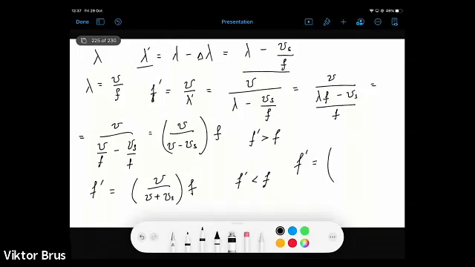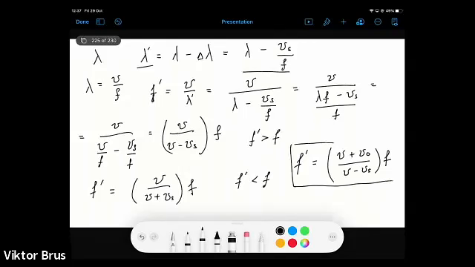Let us assume that both observer and sound source approach each other, so they go in such ways that they reduce the distance between them. In this case, it will be V plus V observer divided by V minus V source, times the frequency of the generated sound by the sound source.